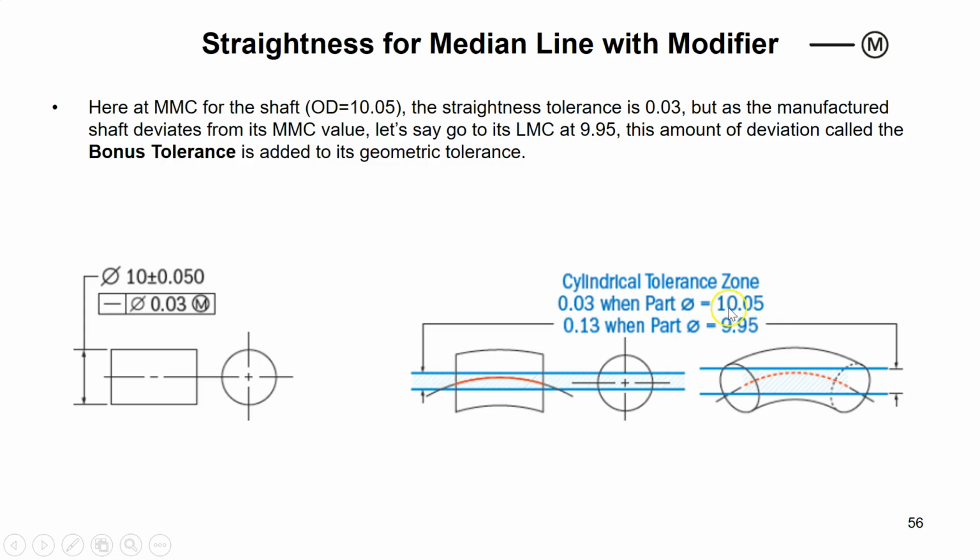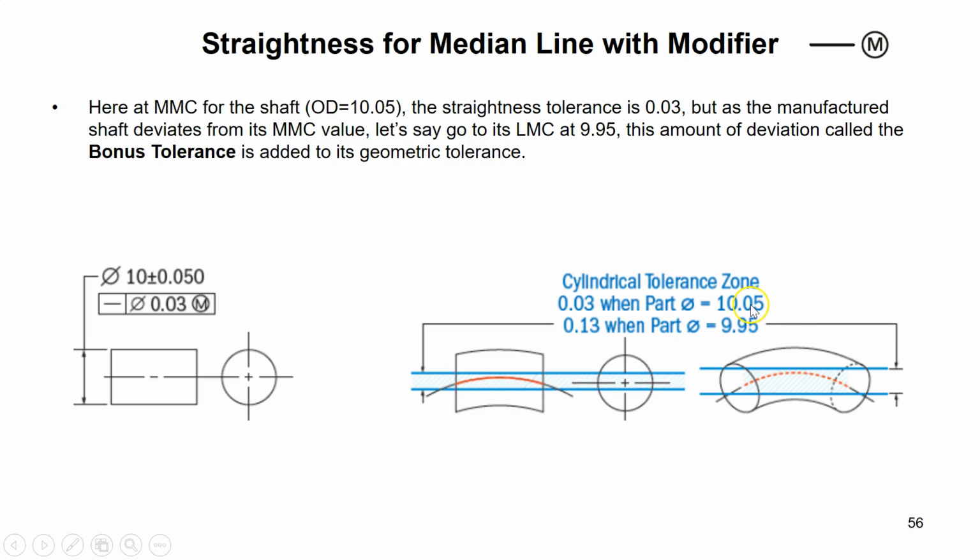On the other hand, if I deviate from this 10.05 and make the shaft smaller, all the way to its minimum size, can I change this gap? Am I allowed to have more bend for the median line? Because the shaft is smaller, can I have a bigger tolerance zone for the non-straightness of the median line? The answer is yes. How much more?